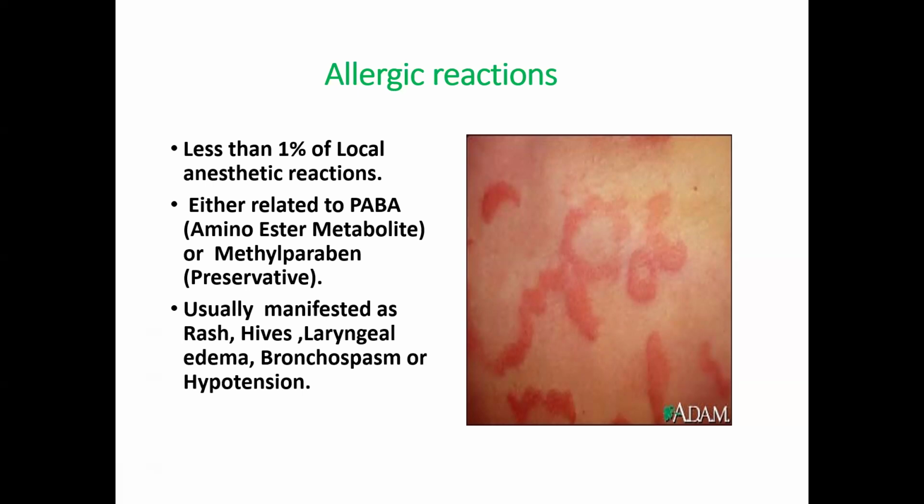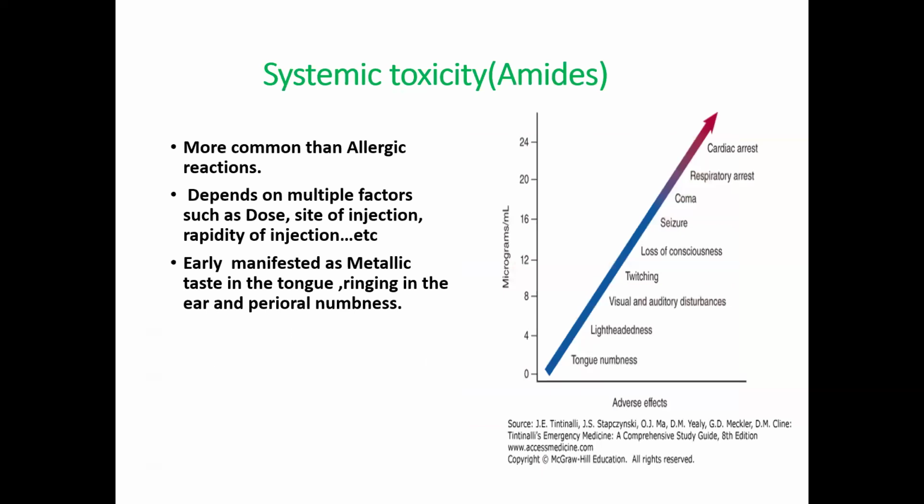Now, if I have a patient that had lidocaine and had allergic reaction, this is extremely rare, guys. So I always suspect that there is another issue. Like, for example, a dentist injecting lidocaine that has epinephrine in it, and you have systemic absorption of epinephrine. This is not a true allergy.